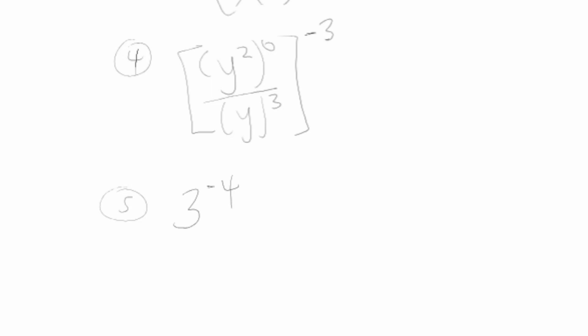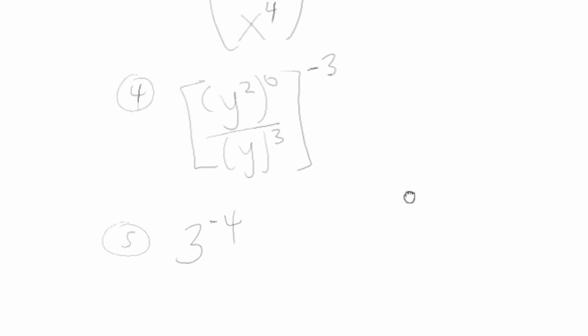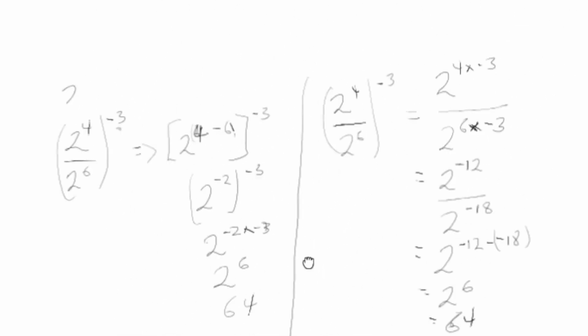So just write this as a positive exponent. So these are the 5 questions that you could do. Let's go over it quickly. We did the product rule, so these are all that.